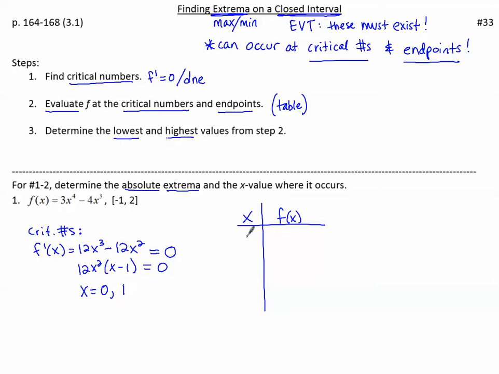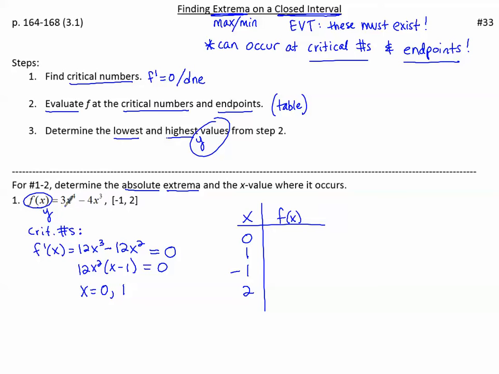At our critical numbers, 0 and 1, and at our endpoints, -1 and 2. We plug these into the original function because we want to determine the lowest and the highest of the y values. Remember that f of x means y.